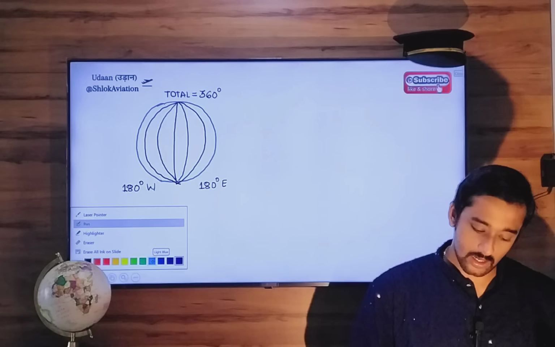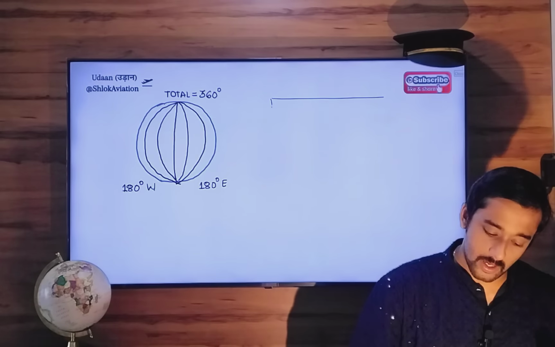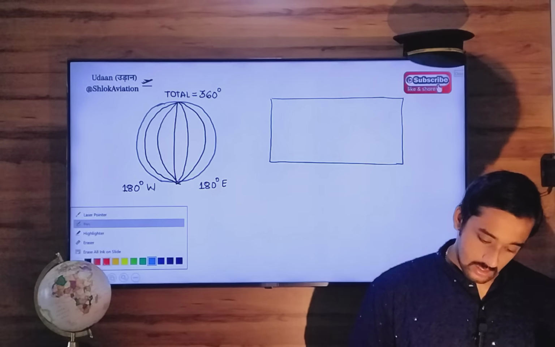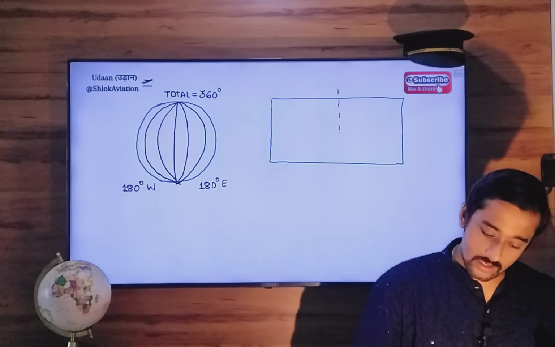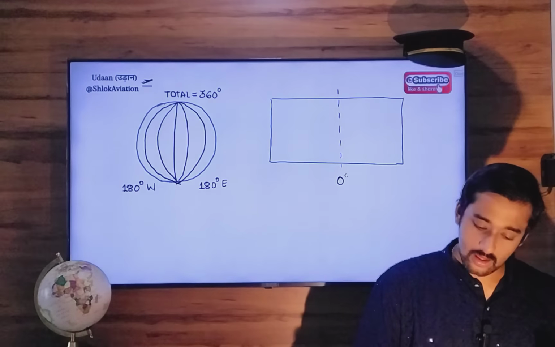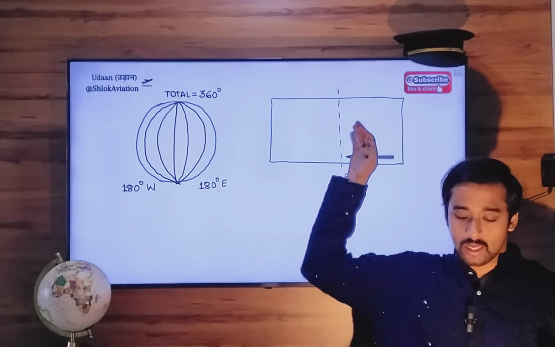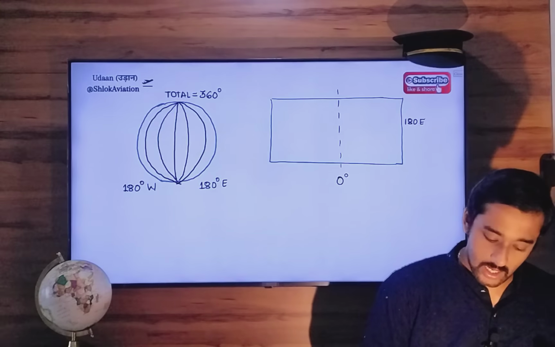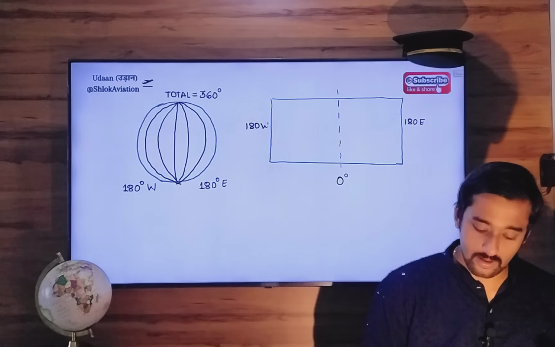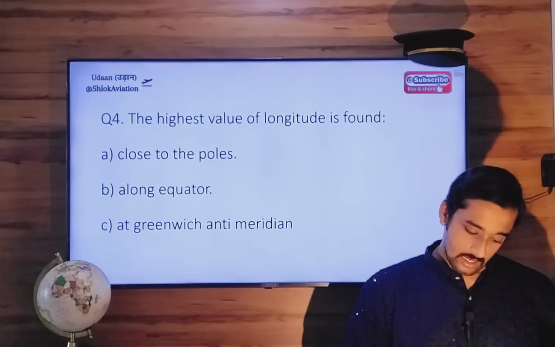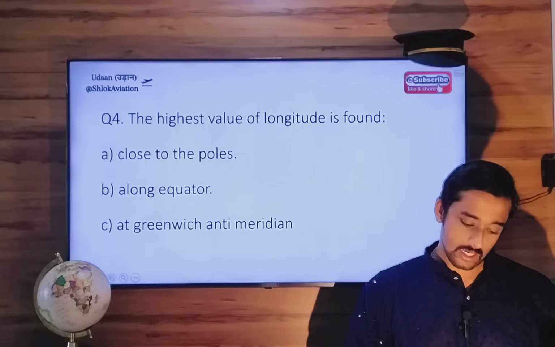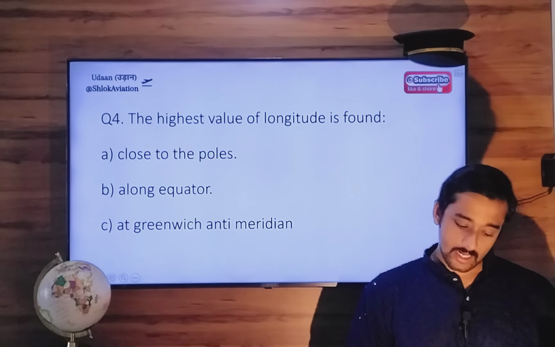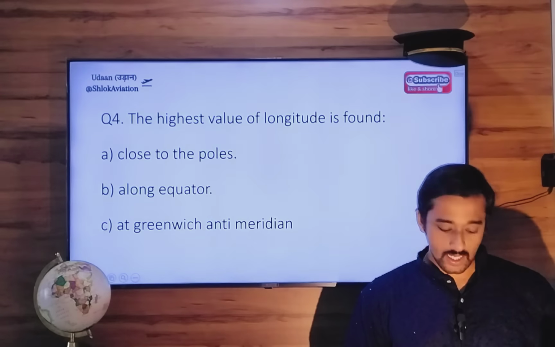If you are to represent this Earth on a flat sheet of paper, it will look something like this. The midline will be the prime meridian, 0 degree. There will be 180-degree meridians to the eastern side, 180 east, and another 180 west meridians in the western hemisphere. Okay, so the highest value of longitude is found close to the poles along the equator at the Greenwich anti-meridian. So this is the correct value.